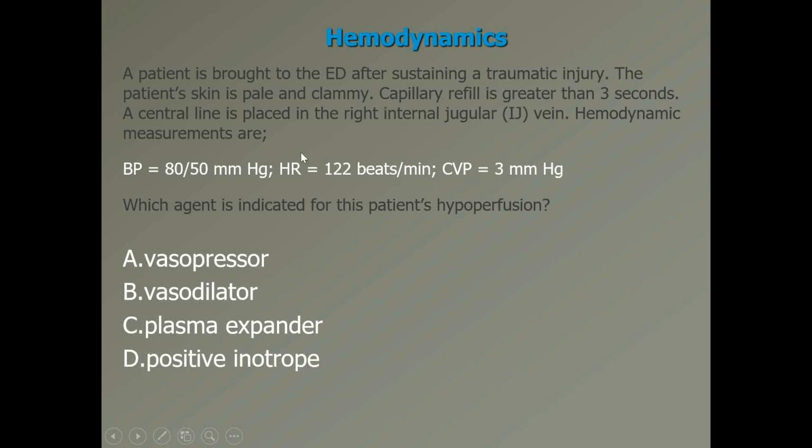We do see the compensatory mechanism here of the elevated heart rate, but it's not a good enough compensatory mechanism to bring that blood pressure in a normal range. So we know that this patient has hypoperfusion or poor perfusion, and therefore this patient's tank needs to be full. So we can give a plasma or volume expander. That is the answer to this question.